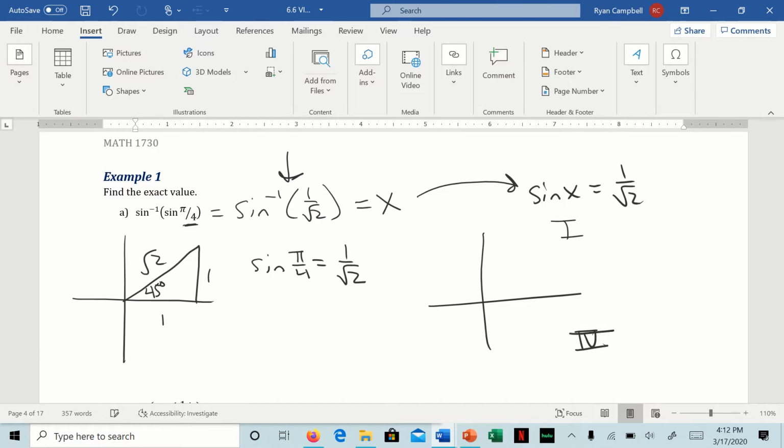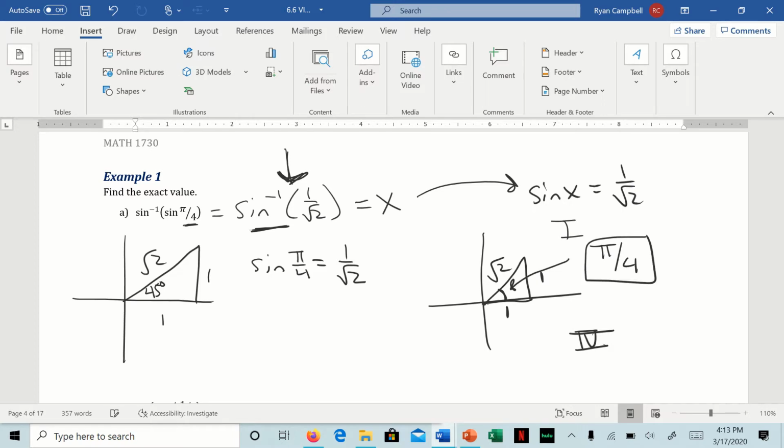So if it's positive, because they gave us the inverse, it has to be the first quadrant. So the sine is opposite over hypotenuse. We can do the Pythagorean theorem to tell us that 1 would be the adjacent, which means this angle is pi over 4.